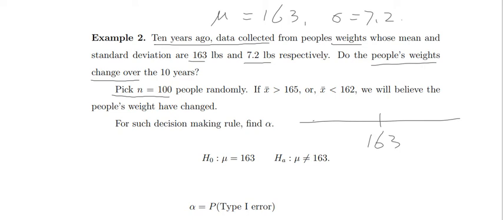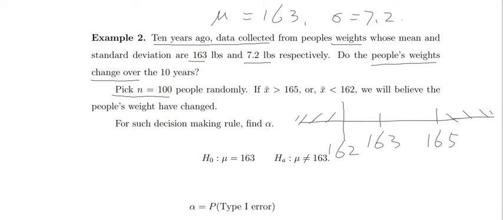So here we can put a cutoff point, two cutoff points, like 162 and 165. So in this part and this part, if x bar is too low or too high, we believe they have a difference, right?